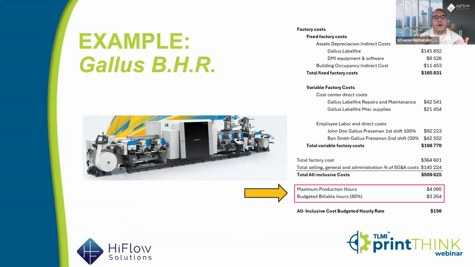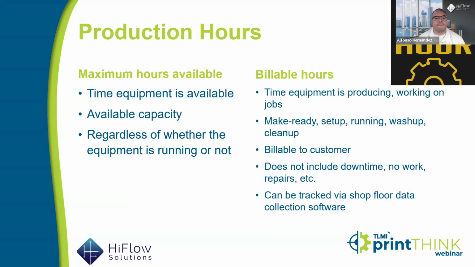And then determining what our production hours are. First, to come up with your production hours, you really need to determine your maximum hours available to run production within a specific year.